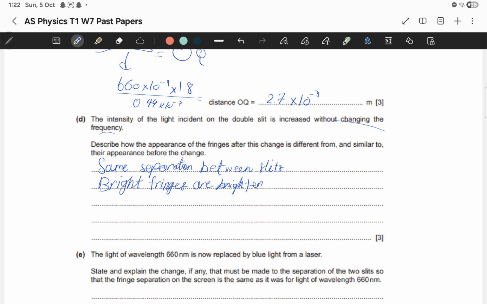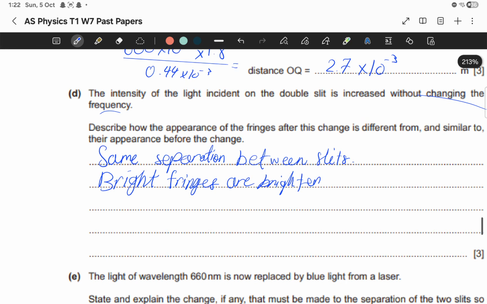That includes the bright and the dark. Since the intensity increased, do you think the dark fringes will change? No, because intensity just means the light is stronger. When something is already dark, when there's destructive superposition, there is no difference.